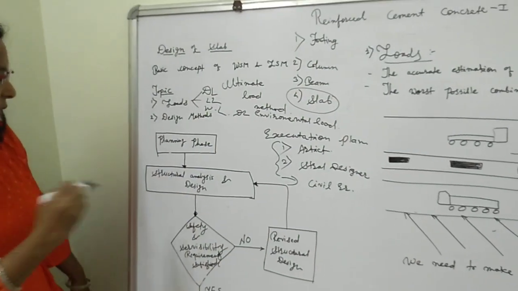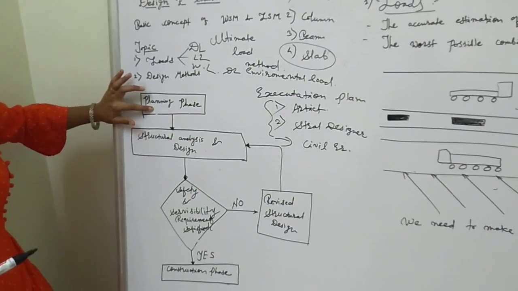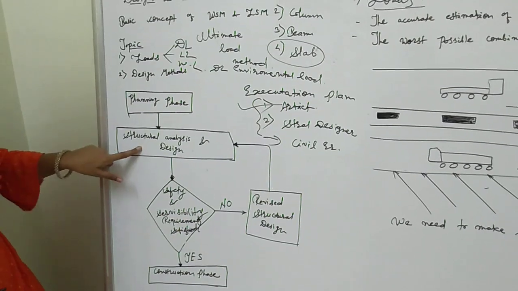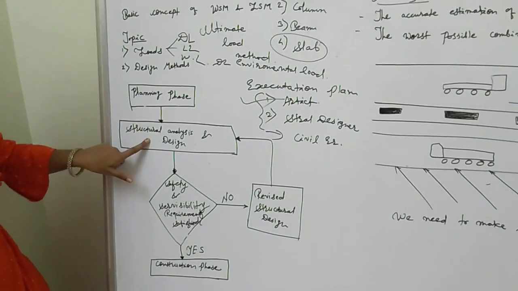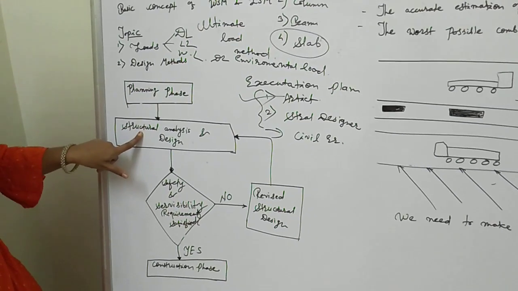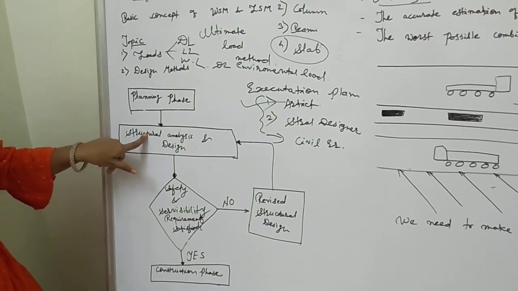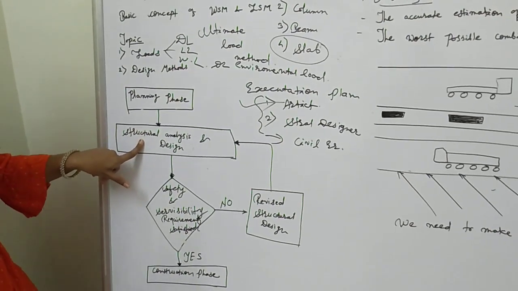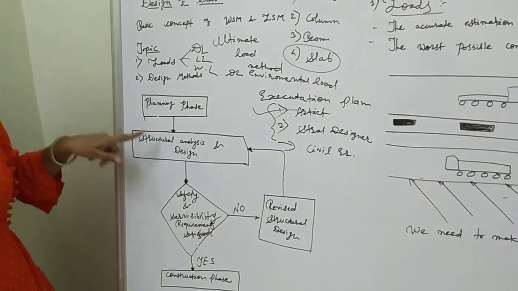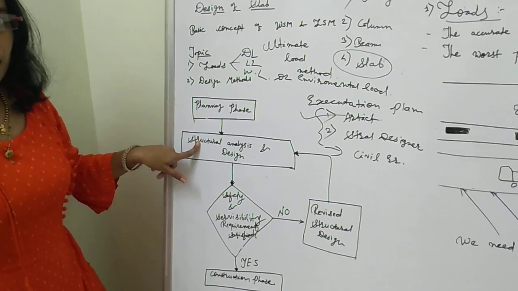How it works out we will see. In planning phase, the work of architect. Architect forwards the plan to the structural designer and structural designer analyzes and designs that plan. Structural design and analysis can be done manually or with the help of software. Manually we can use IS 456-2000 and for the software basis we can use various types of design and analysis software like STAAD, ETABS, SAP or TEKLA.